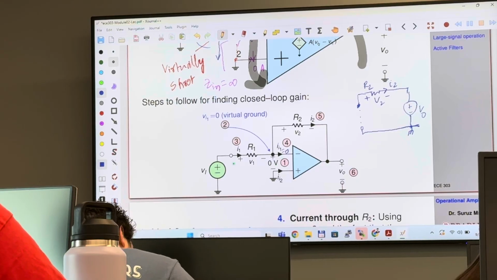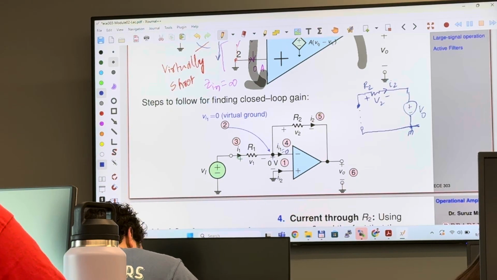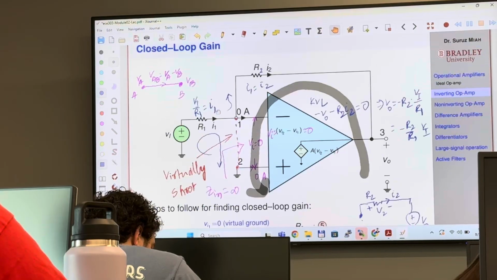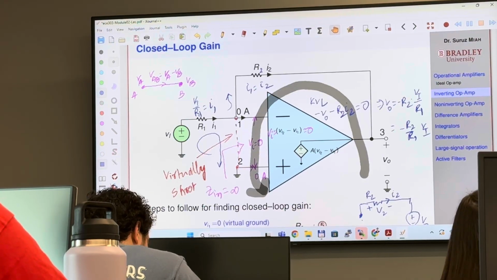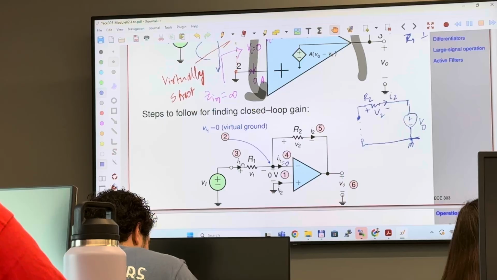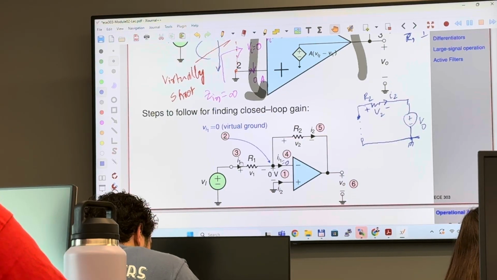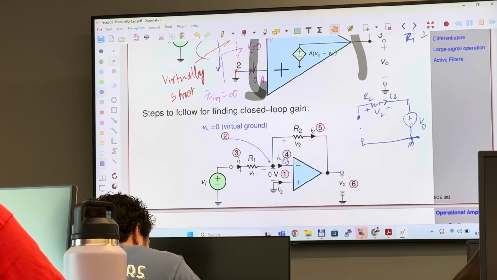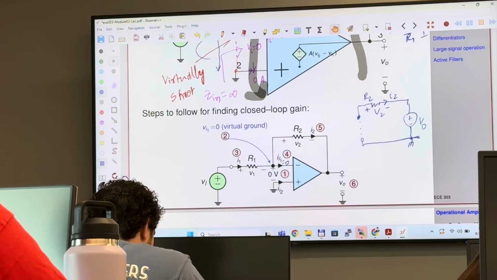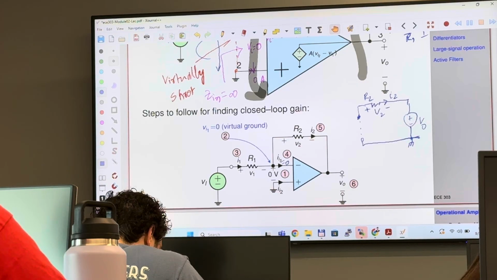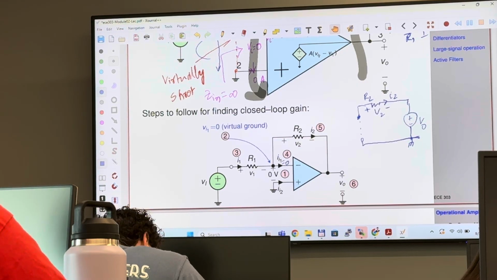This is going to be 0. And number 3, you find I sub 1. So I sub 1, we found I sub 1 is V sub I over R1. Number 3, we did that. And then number 4, we assume that the current flowing through this inverting terminal is 0.